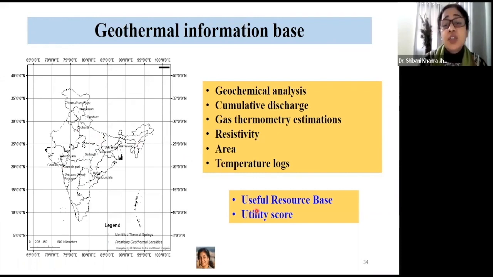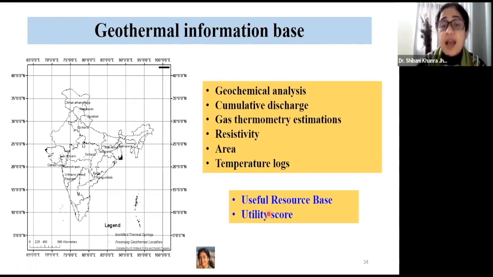So another two factors were required: the useful resource base of each of these promising geothermal localities or fields, whatever you say, and then the utility score. These two of them were studied by us.